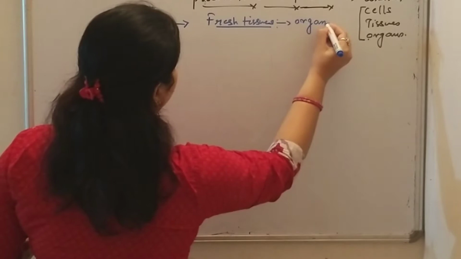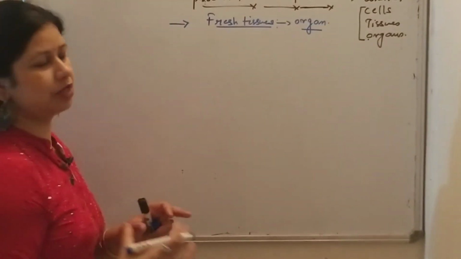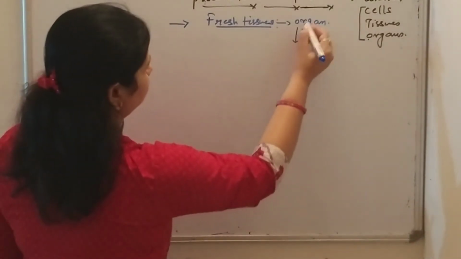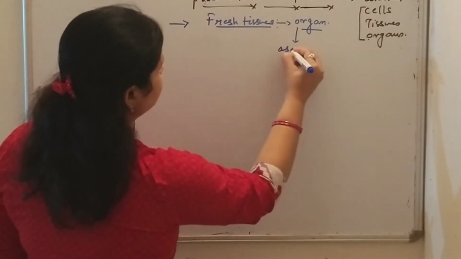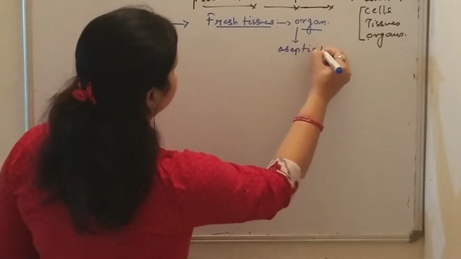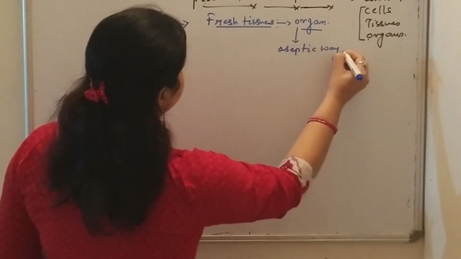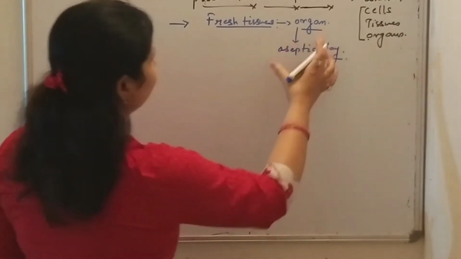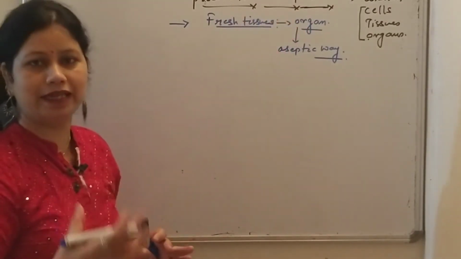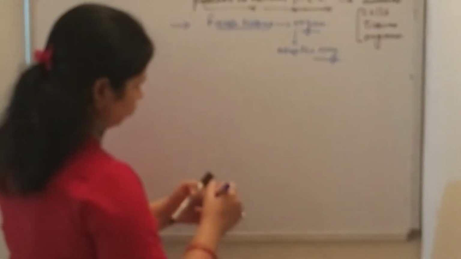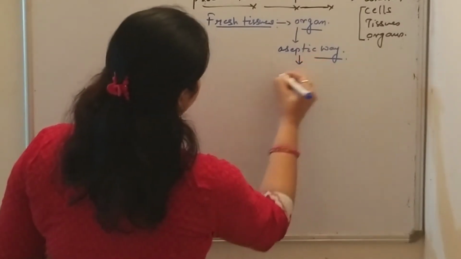From an organ, fresh tissues are removed in an aseptic way, okay, and after the removal of fresh tissues from an organ aseptically, these tissues are minced.